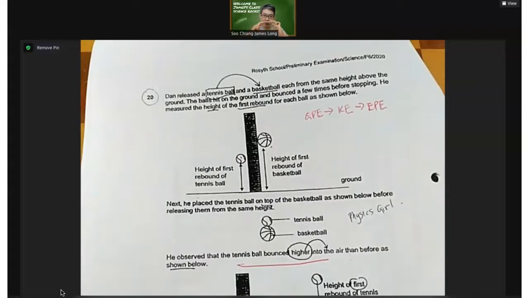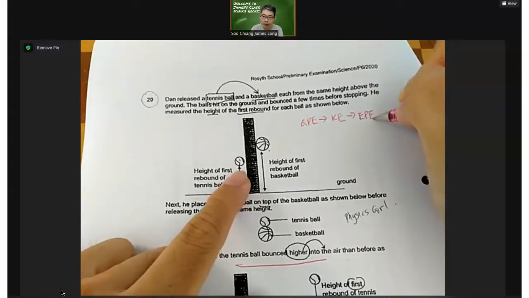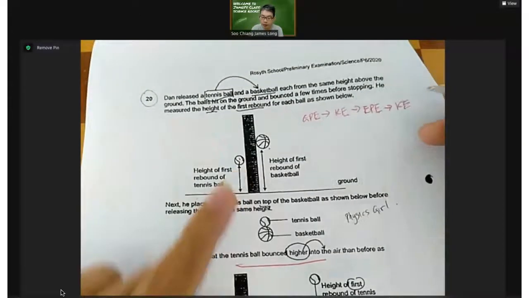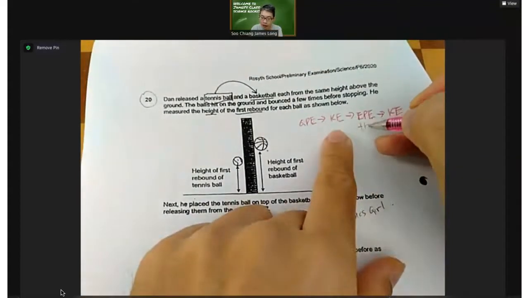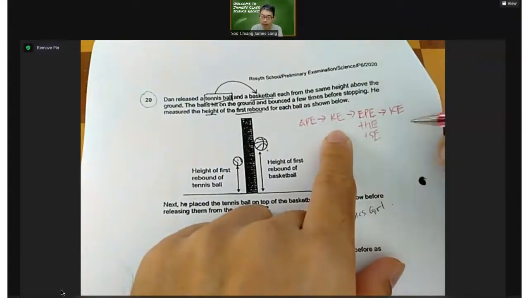So there's some EPE inside here. It will cause the ball to bounce upwards and convert to KE, and it goes upwards. Of course, when you hit the ground, it also converts to heat energy and sound energy. Then it will bounce upwards.